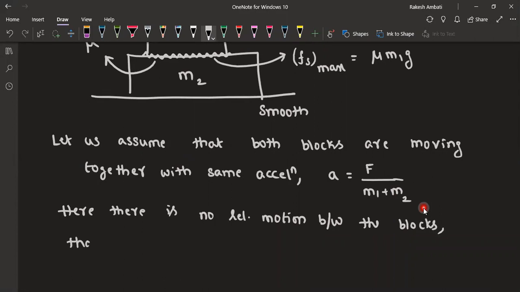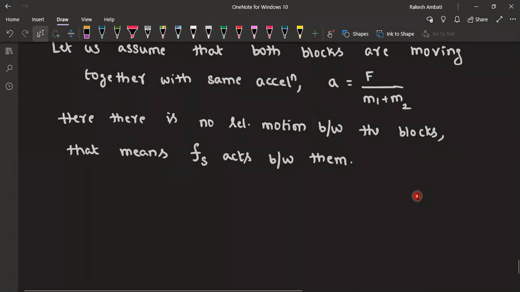So which friction is acting? Static friction, kinetic friction? Static frictional force. So Fs acts between them. Now let us draw the FBD.